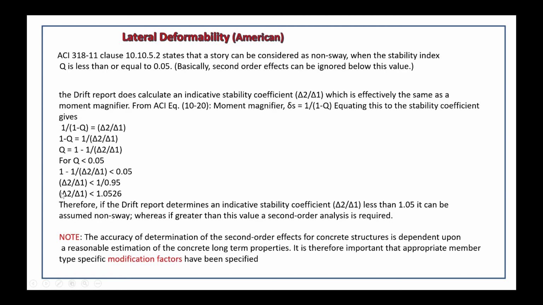Delta 2 is the result calculated based on the second order effect, and delta 1 is the result calculated based on linear analysis. And the accurate determination of second order effect for the concrete depends on the concrete long-term property. So you must modify your stiffness for the concrete, modify for the flexural and axial stiffness.